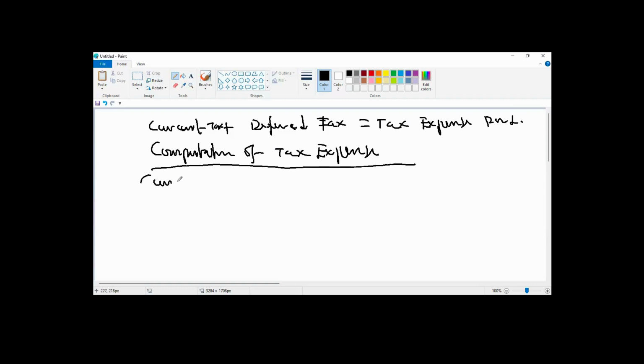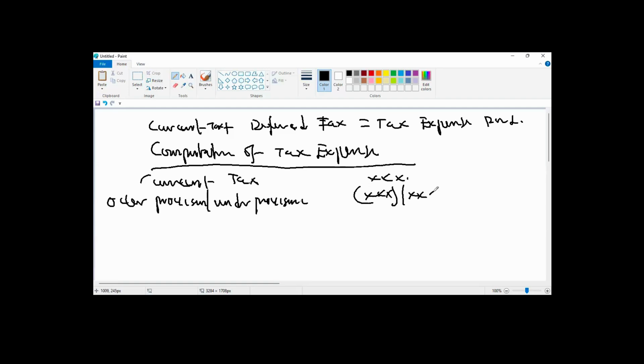Current tax for that year must be given. It's a must. Does he have over or under provision? If it is over, we less. If it is under, we add.